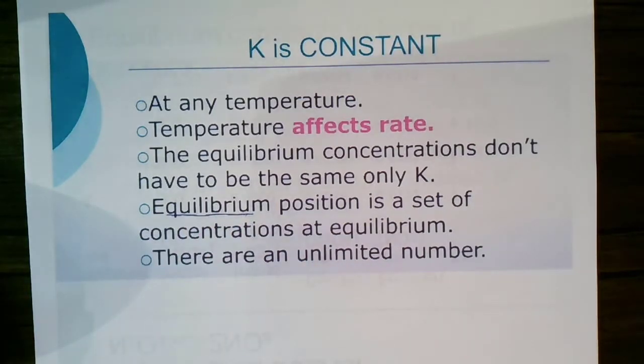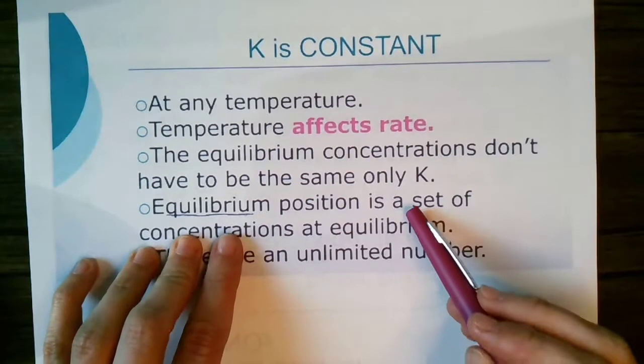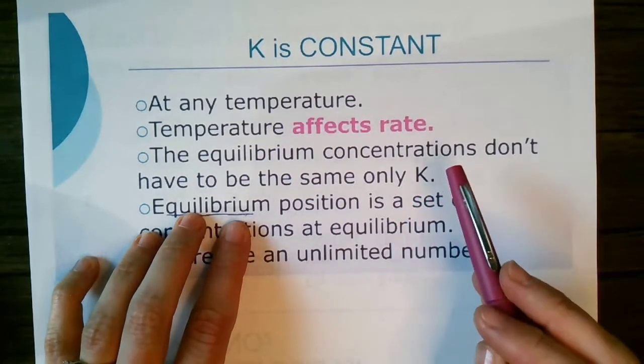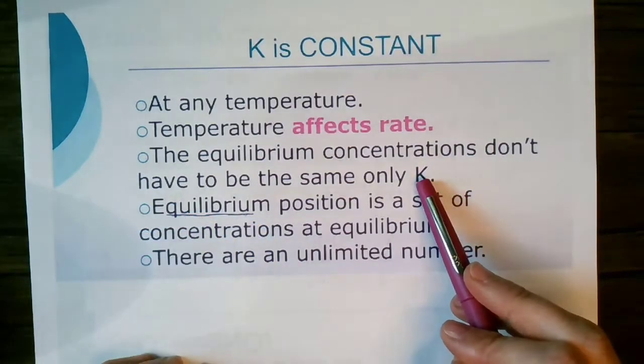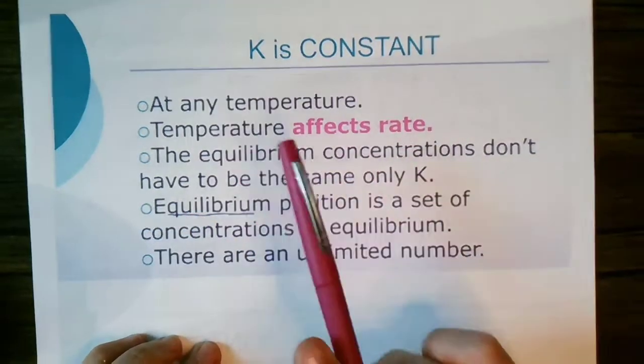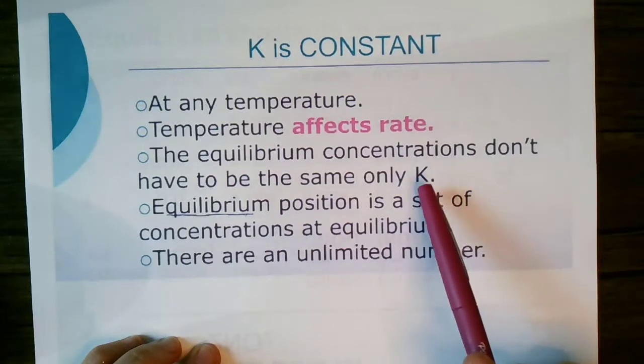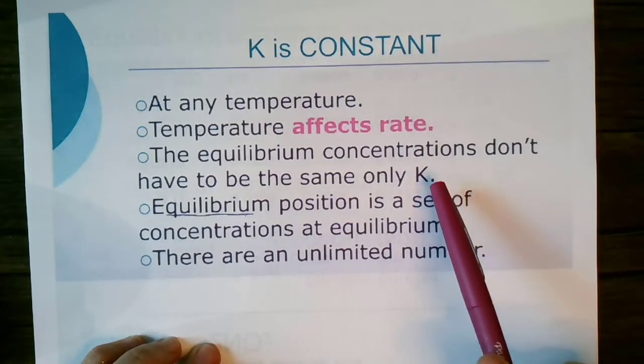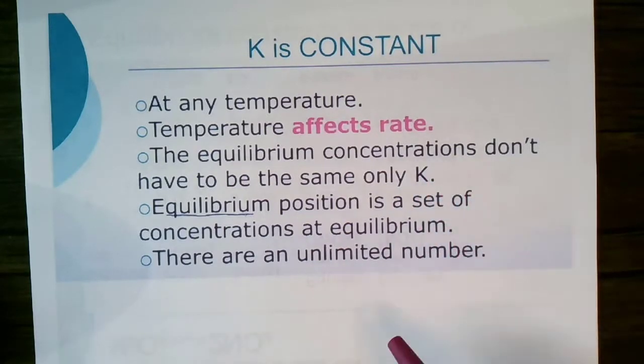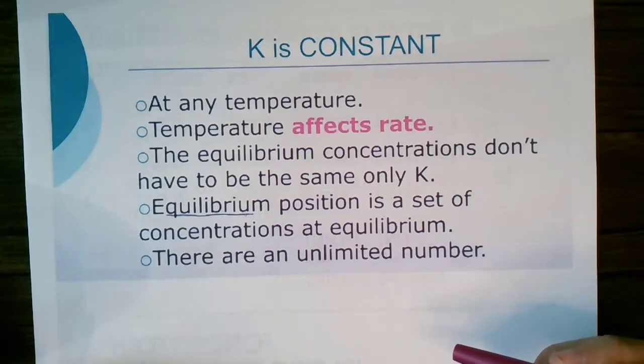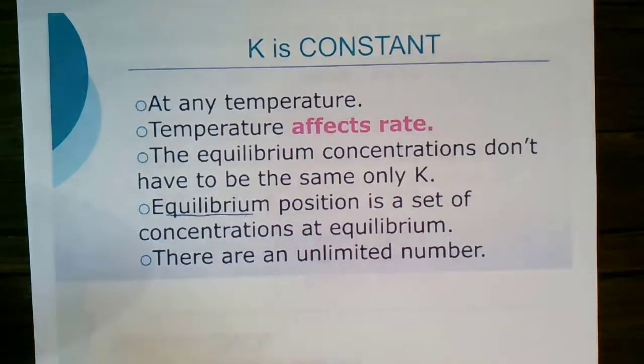We could change the concentration, we could change the volume, we could change so many other aspects about the reaction, and K will hold true, but it needs to be at the same temperature. If we change the temperature, then the reaction constant would change. That is something that would be verified in the lab, but temperature does affect rate. We know it can speed it up, it can slow it down.